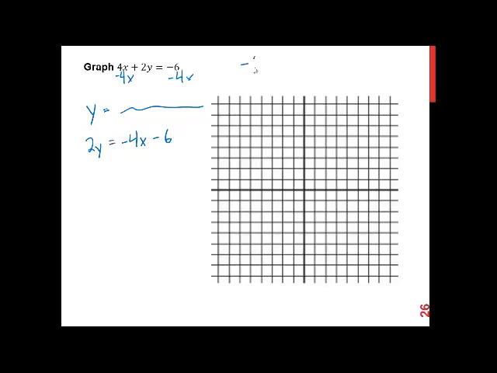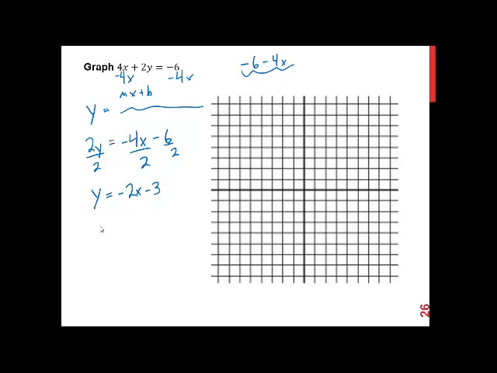Now if you're thinking, why isn't it -6 minus 4x, you can write it that way, but I want it to be in mx plus b format, so I want my x term in the front. Now I will go through and divide everything by 2, and we get y equals -2x minus 3.